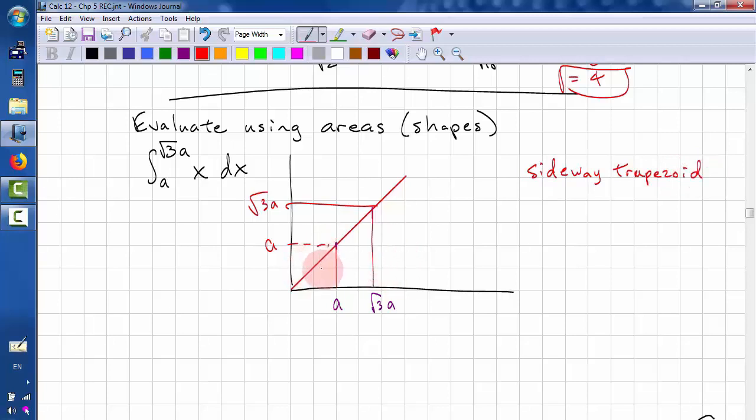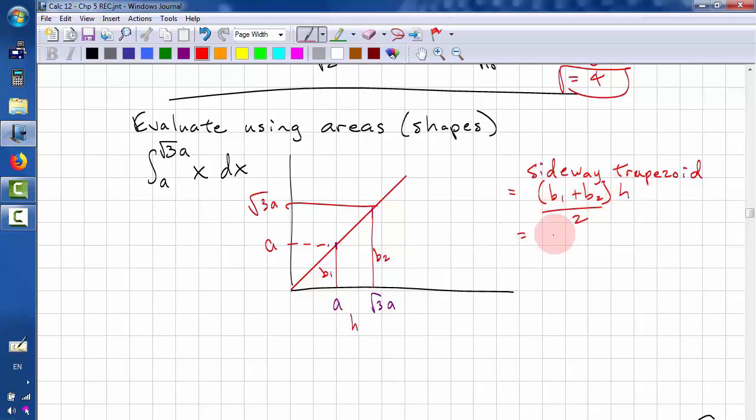So we have B1, B2, and this is our height. And the formula for a sideways trapezoid is B1 plus B2 over 2 times the height.